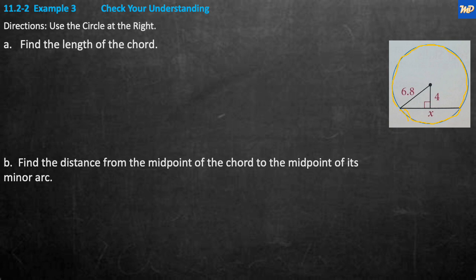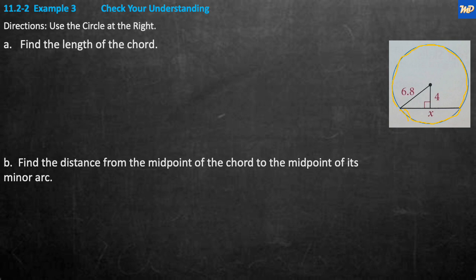Okay, so now you're back and ready to look at this. So it says find the length of the chord. Well, what we know from the Pythagorean theorem is that we have the radius is 6.8, and we have a leg of a right triangle of 4. So we're really going to have to find the other leg, right?